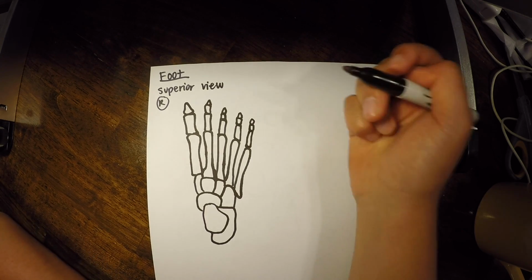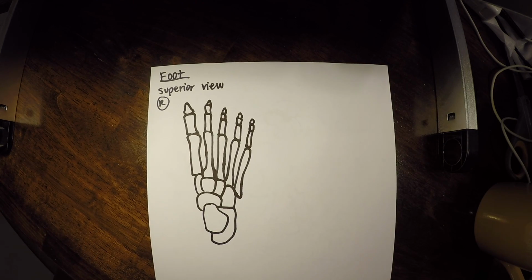Alrighty, here we go. So now that we have all of those out, we are going to label them.